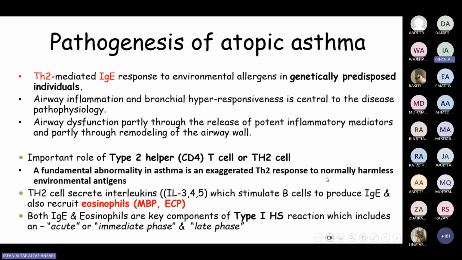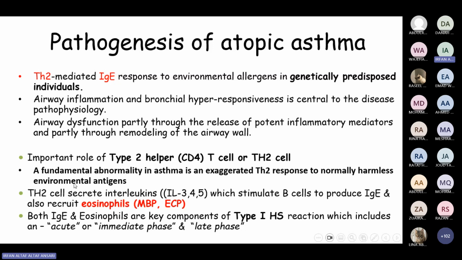That's why, in your class of around 300 students, only a few of you must be having asthma. All of you walk into this environment, but only a few get asthma, because they are genetically predisposed, and this predisposition leads to a type 2 helper cell mediated IgE response.